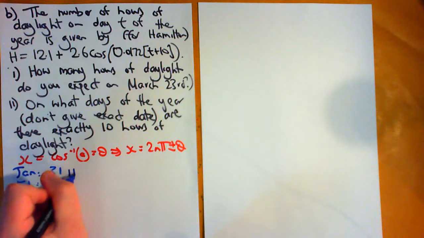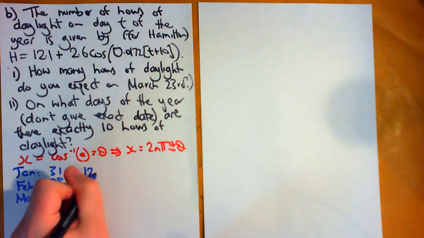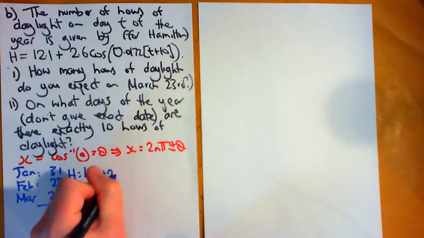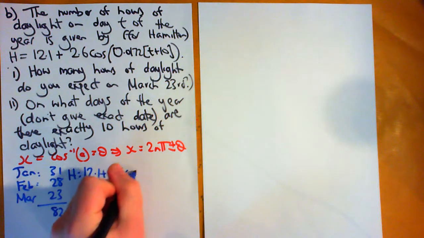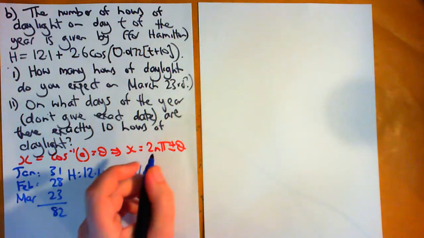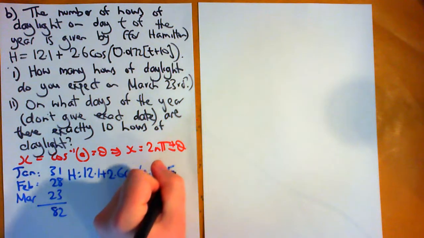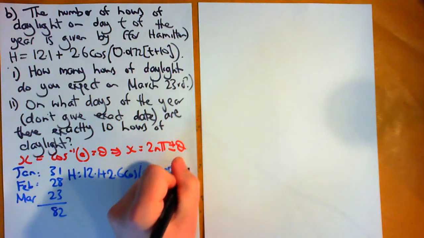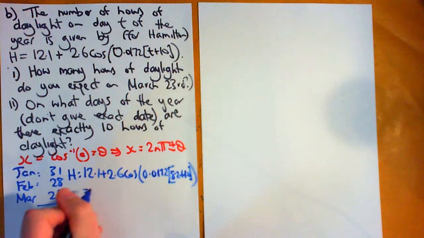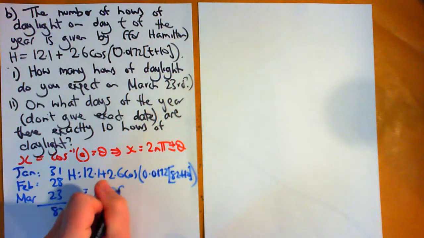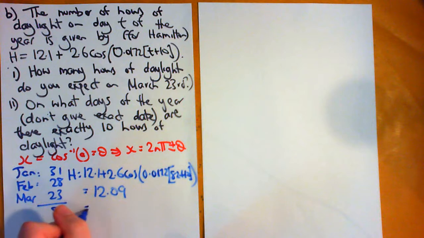So let's substitute that into h equals 12.1 plus 2.6 times the cosine of 0.0172 times t, which is 82, because we just found it was the 82nd day, plus 10. Calculating that, we get 12.09, but that is a decimal, that doesn't say 12 hours and 9 minutes.